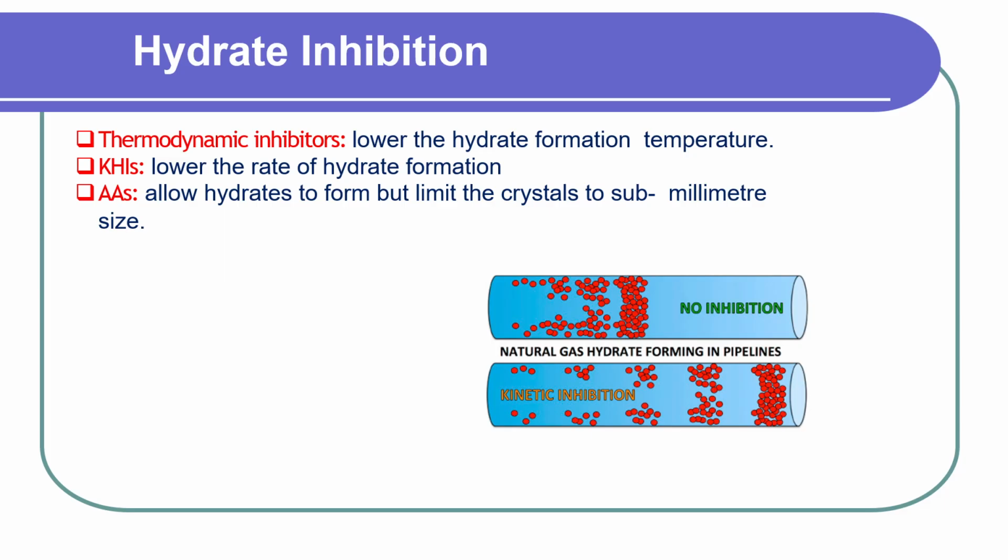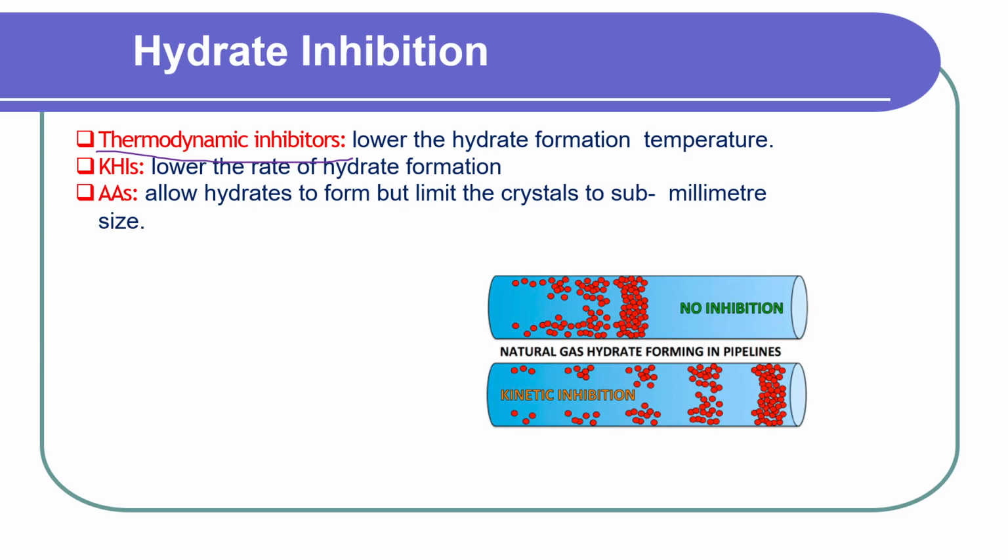Now, how these hydrate inhibitors work is different from one type to another. So if you are talking, for example, about the thermodynamic inhibitors, which is the first type, so the thermodynamic inhibitors, which is glycol and methanol, for example, what they will do is reduce or lower the hydrate formation temperature, which means that you will get more chance for the gas to flow better without experiencing any hydrate formation issue.